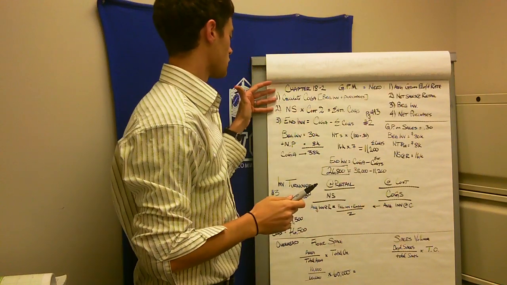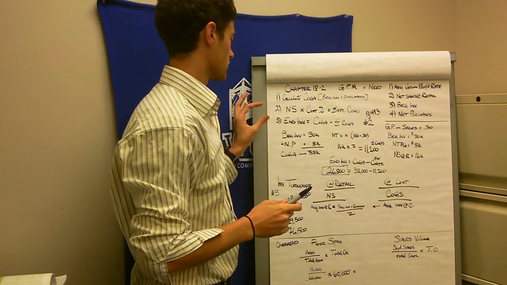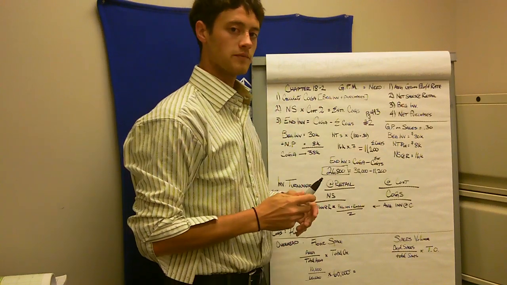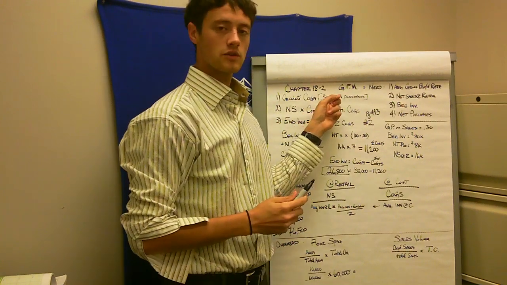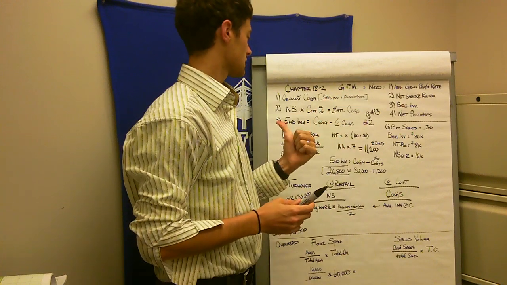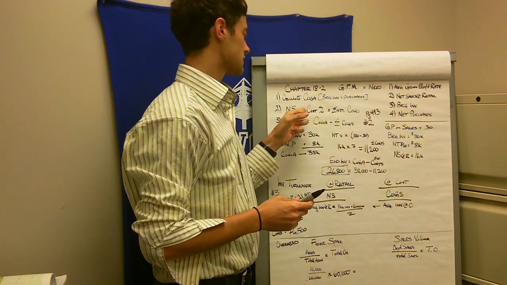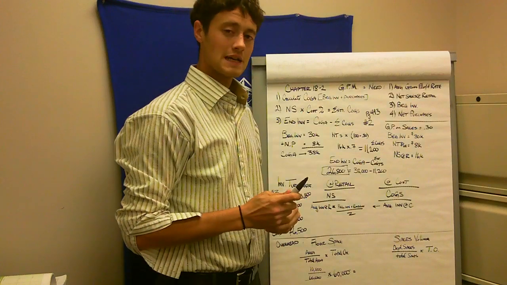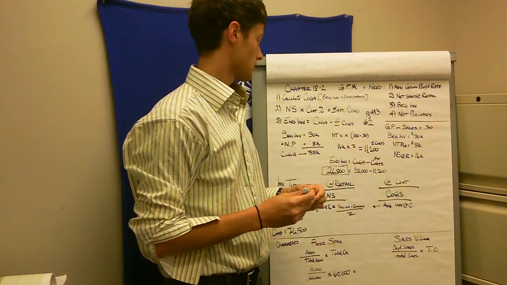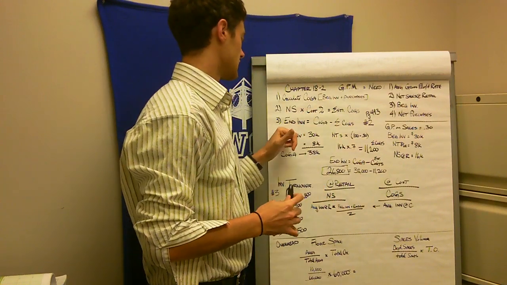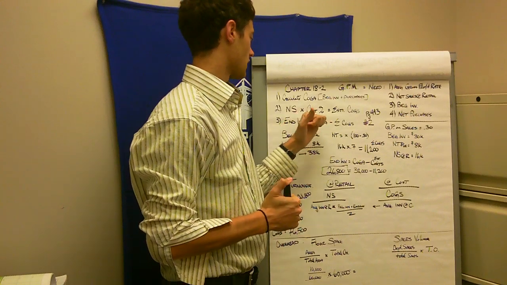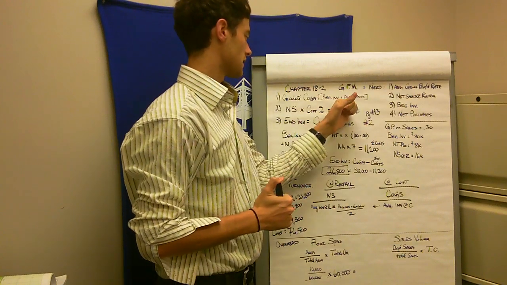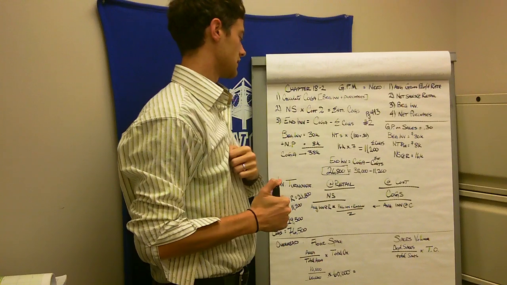So here is how we'll walk through it. We calculate our cost of goods available, beginning inventory plus our purchases, which we've done previously. We take our net sales times our cost percentage to get our estimated cost of goods sold. Then we take our cost of goods available minus our estimated cost, and that's how we calculate our ending inventory.